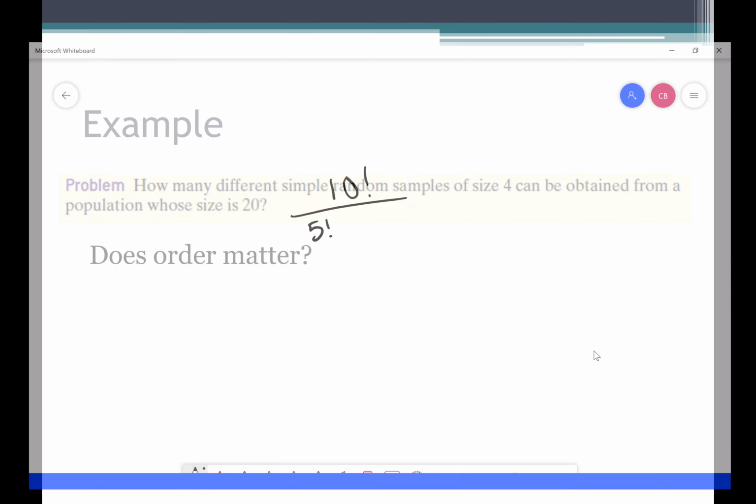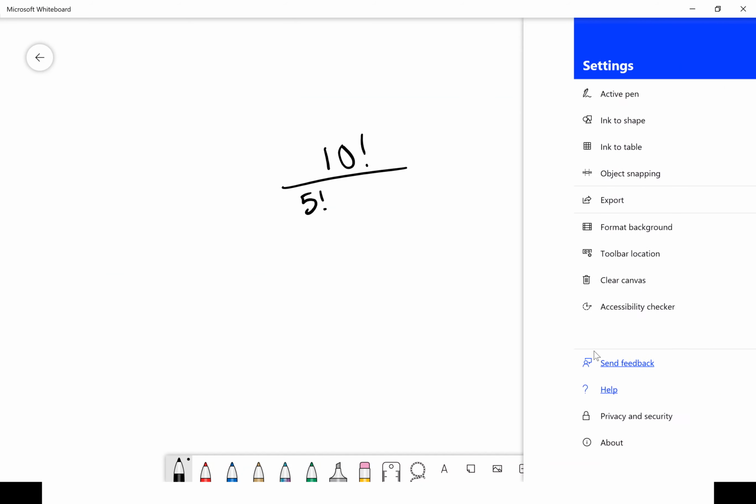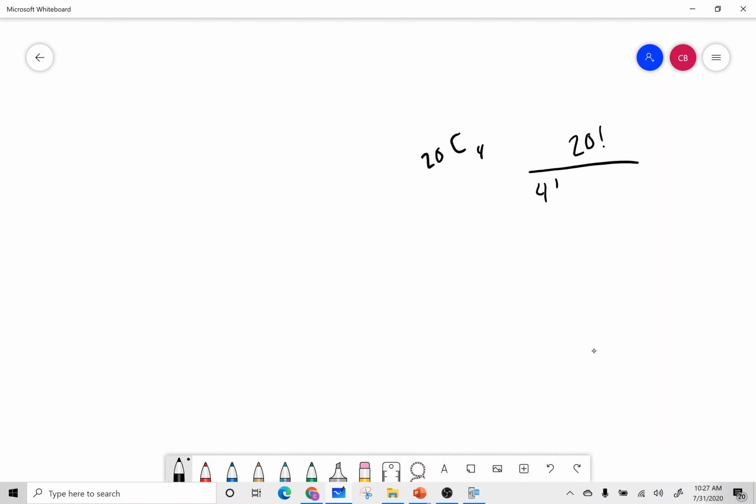So let's go and do this real quick. So I need to erase this. So if we do 20 choose 4, then that's 20 factorial over 4 factorial times 20 minus 4 factorial.